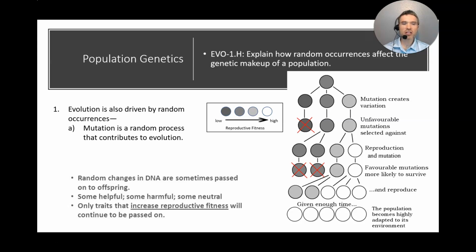Now, because of selective pressures in the population, some of these mutations, such as the dark mutation, are selected against. And so even though that mutation happened, those individuals are removed from the population, whereas the lighter colors seem to be advantageous and they produce more offspring in future generations.